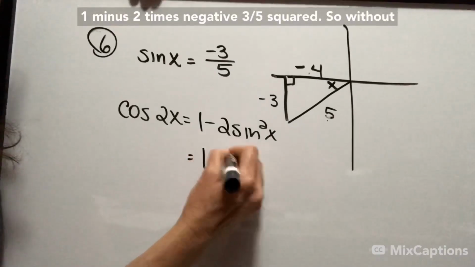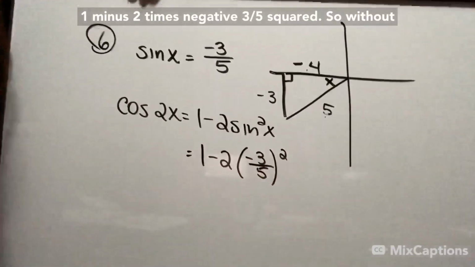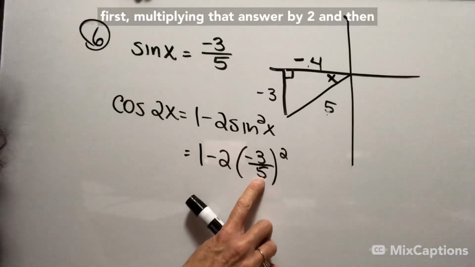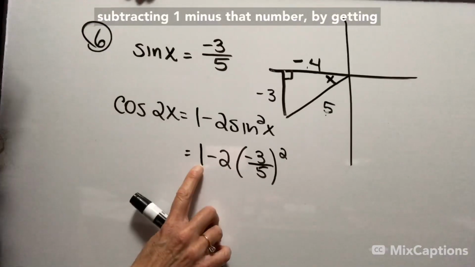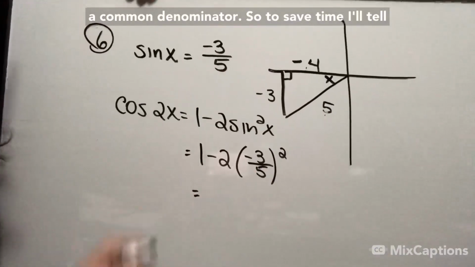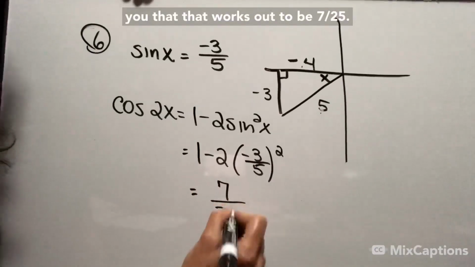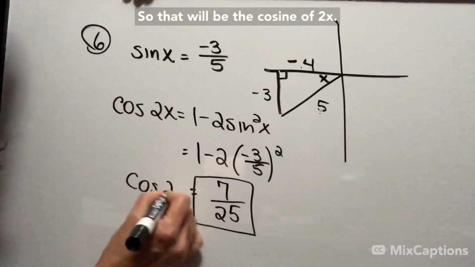So it will be 1 minus 2 times -3/5 squared. So without a calculator, you would be squaring the fraction first, multiplying that answer by 2, and then subtracting 1 minus that number by getting a common denominator. So to save time, I'll tell you that that works out to be 7/25. So that will be the cosine of 2x.